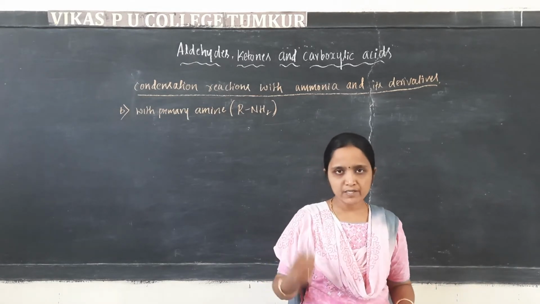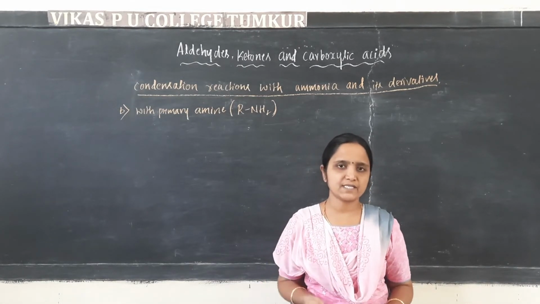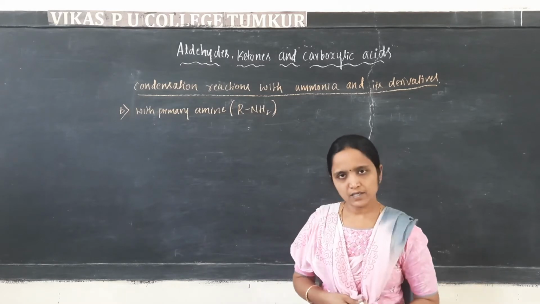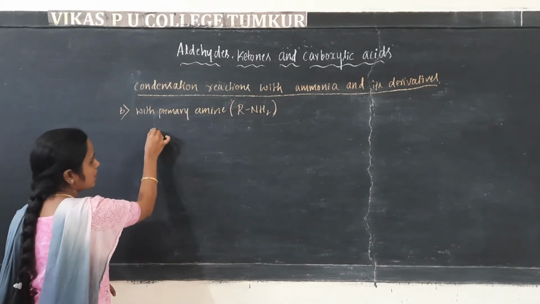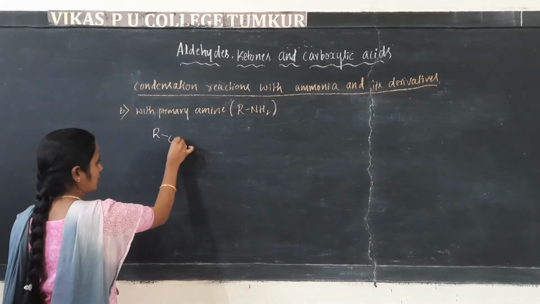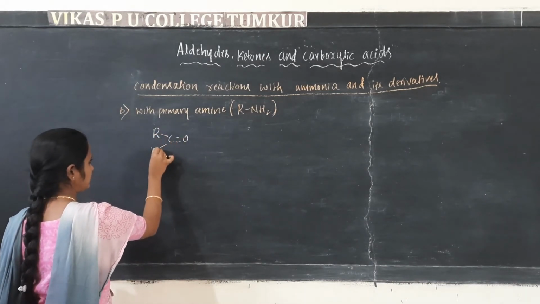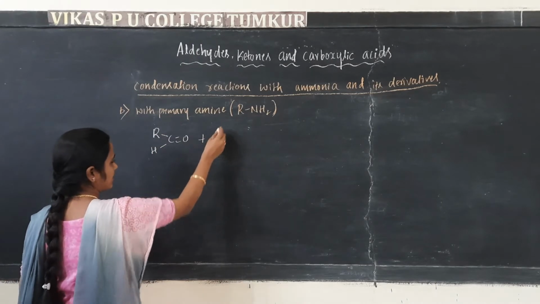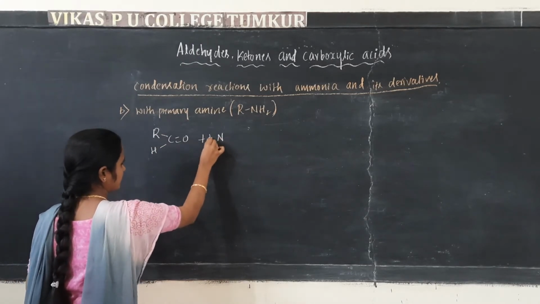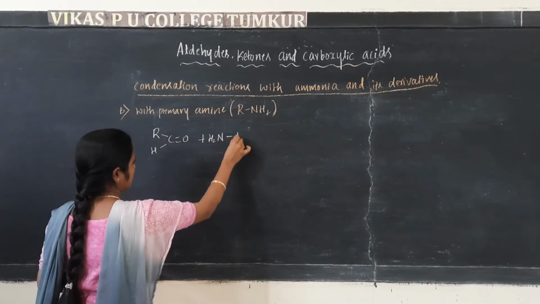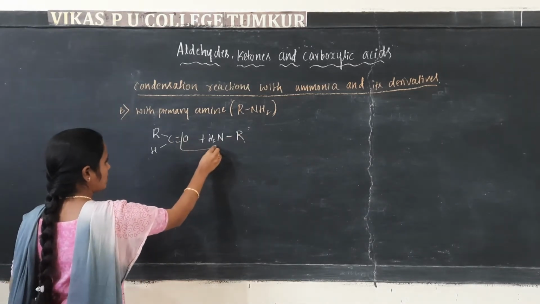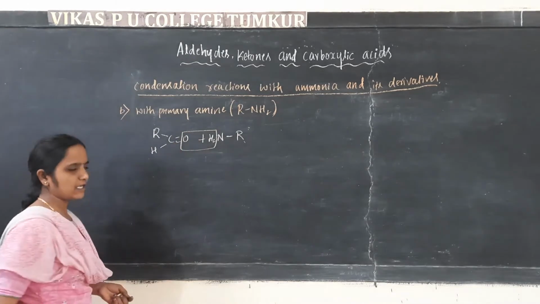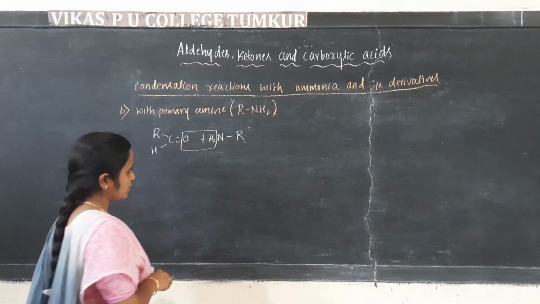These products are also called Schiff bases. Now we will see the equation: the aldehyde reacts with the primary amine, with removal of water, H2O.